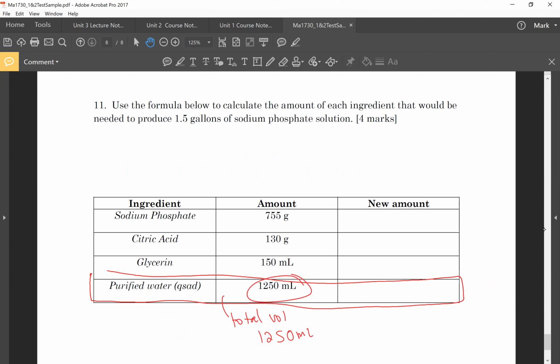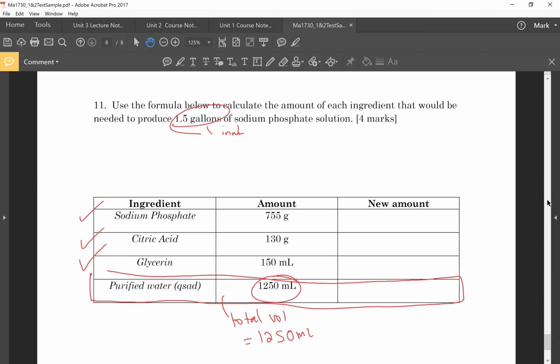So my total volume here is 1250 milliliters. You would take sodium phosphate, citric acid, and glycerin and mix them together in this amount. Then you would add water until you got this total volume. So the problem is, what is 1.5 gallons in milliliters?